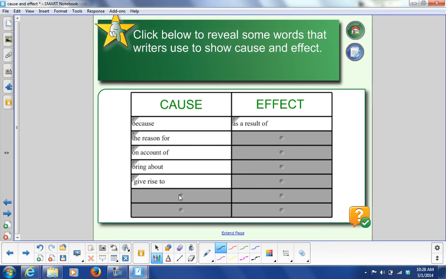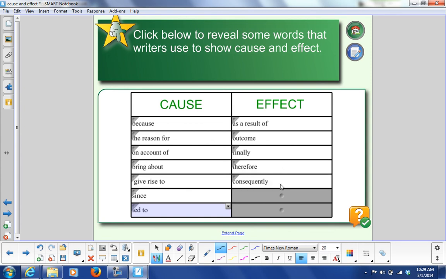Give rise to, since is a good cause word. And tried to is also a good cause word. Okay, how about effects? Effects are outcomes. Finally, therefore would indicate an effect, consequently, and then, then and so. Okay, so make notes of those words that can show you that you're looking for cause and effect.